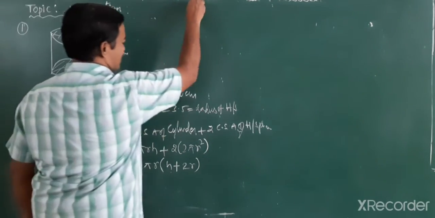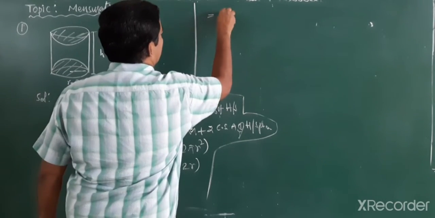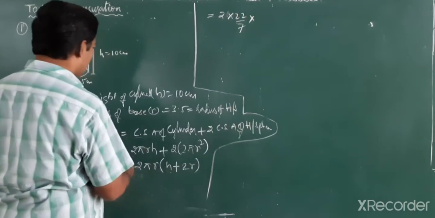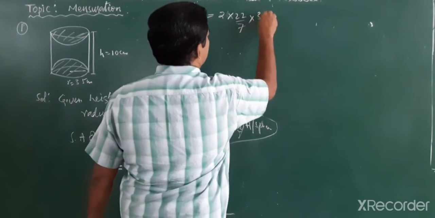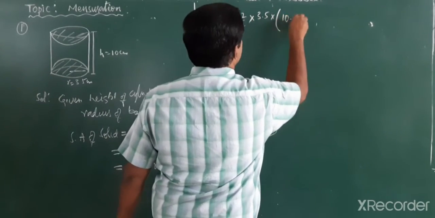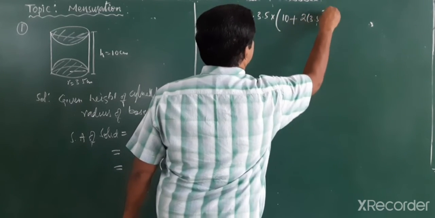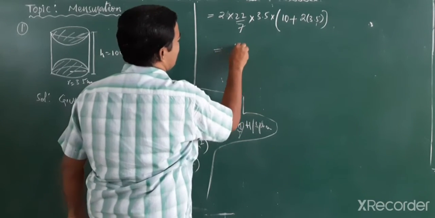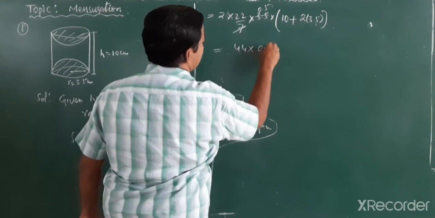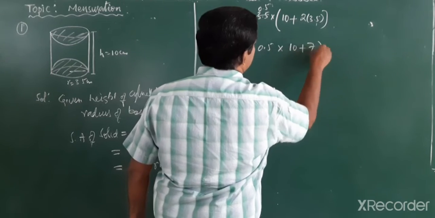So now, 2 into pi means 22 by 7, into radius r means 3.5, into h means 10 centimeters plus 2 into r means 2 into 3.5. Now here 44 into 7 into 0.5, 7 by 35, 0.5 into 10 plus 7.